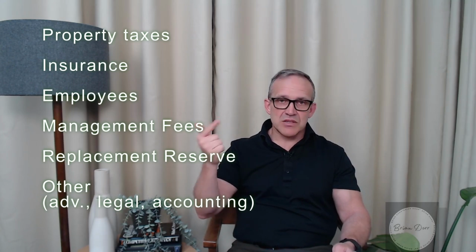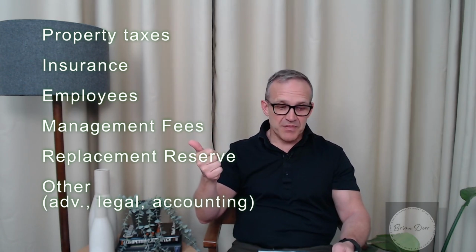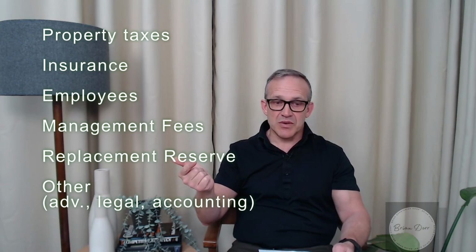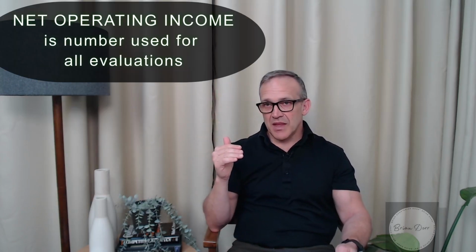But right now, you've got to look at your normal expenses: property taxes, insurance, heat, hydro, water, repairs and maintenance, salaries of any employees you may have, management fee, replacement reserve allowance, and then other, which could be advertising or legal fees or accounting fees. Once you deduct those expenses, you have your net operating income. The net operating income is the number that you use for all the evaluations.